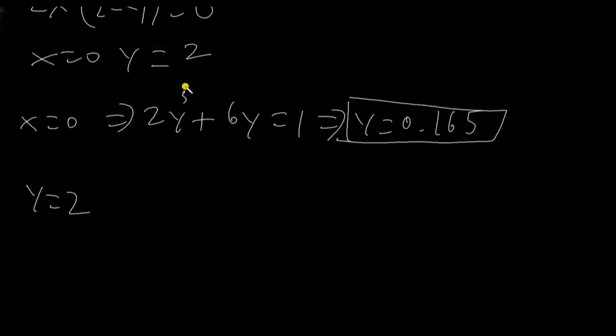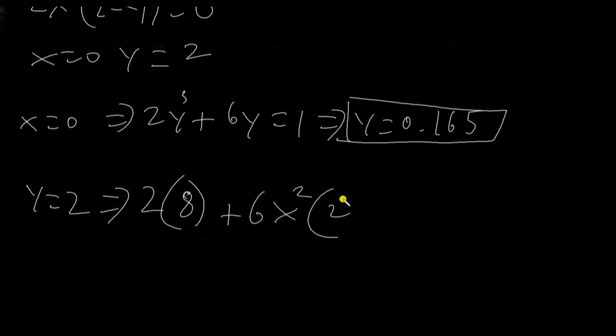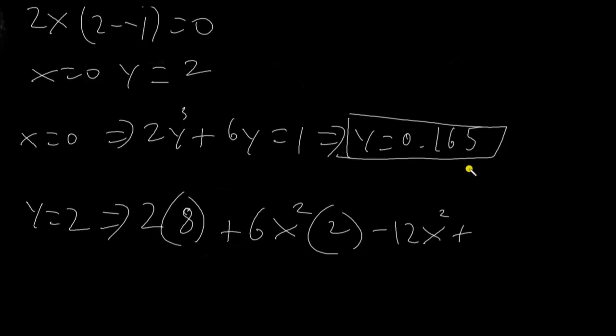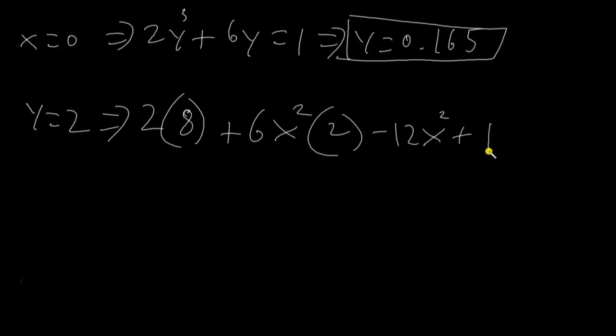If I plug that in, I'm going to get 2 times 2 cubed, which is 8, plus 6x squared times 2, minus 12x squared, plus 6 times 2, which is equal to 1.